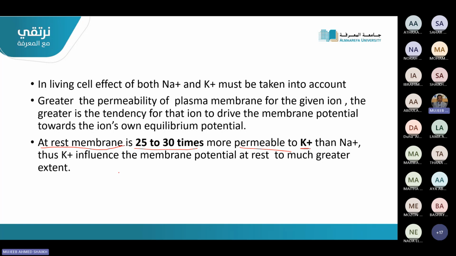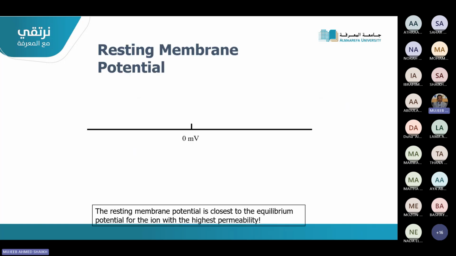At rest, when the cell is not performing any active function, it is 25 to 30 times more permeable to potassium than sodium. It is not sodium, it is potassium which is more permeable. That's why the resting membrane potential is mainly due to potassium.